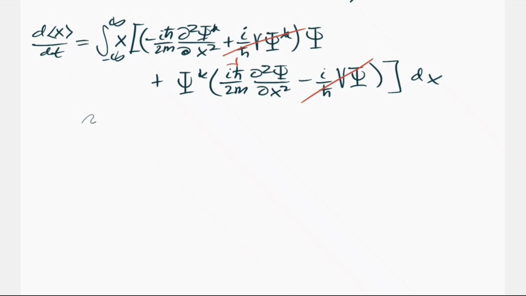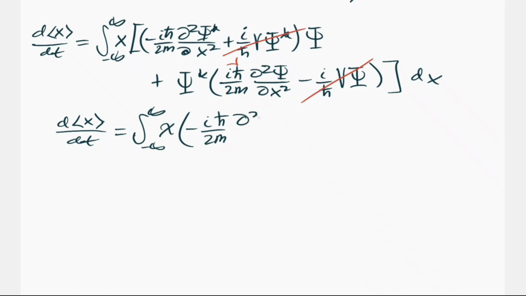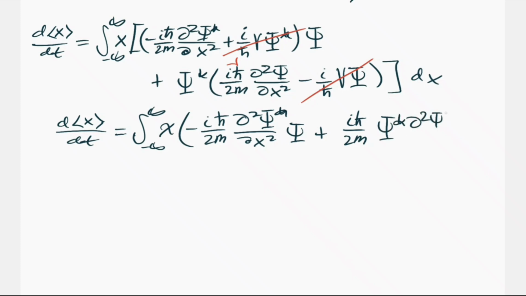All right, what we're going to be left with then is dx/dt equal to the integral from negative infinity to infinity of x out front still, and then in our parentheses we have negative i h bar over 2m, d squared psi star/dx squared multiplied by psi, plus i h bar over 2m psi star d squared psi/dx squared.